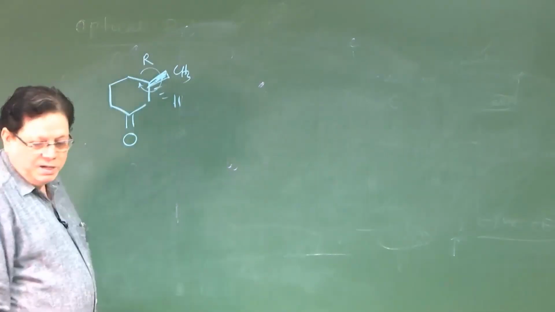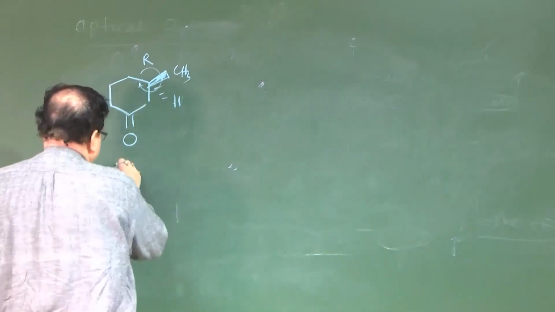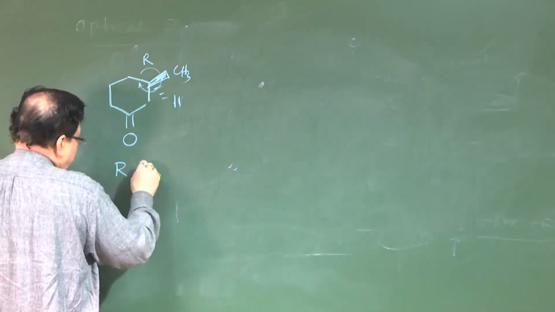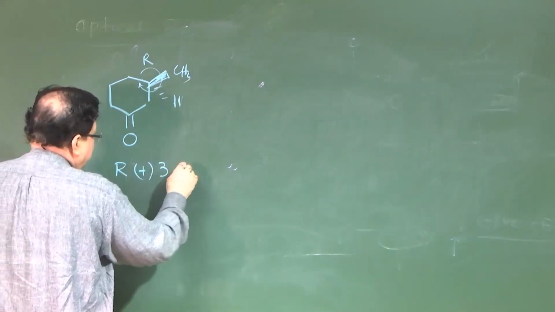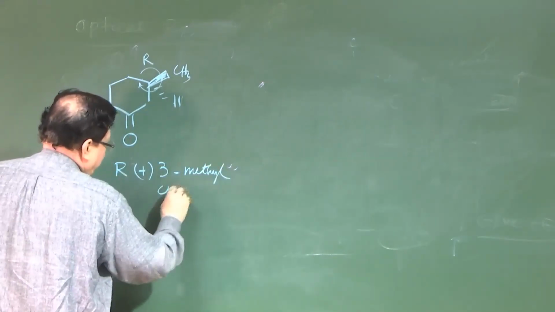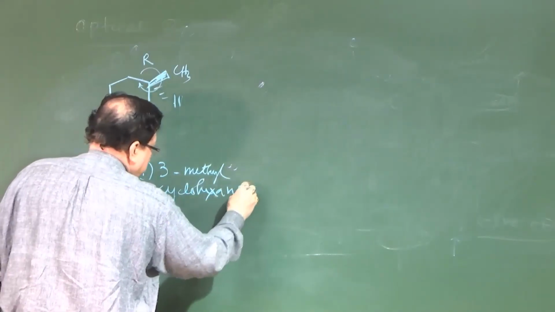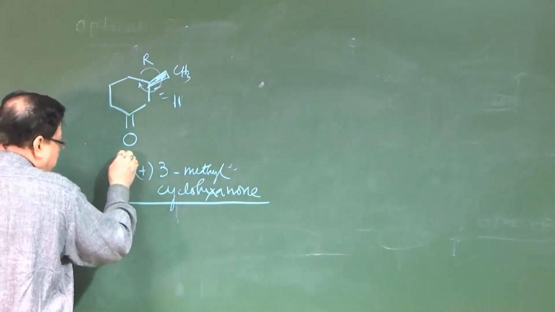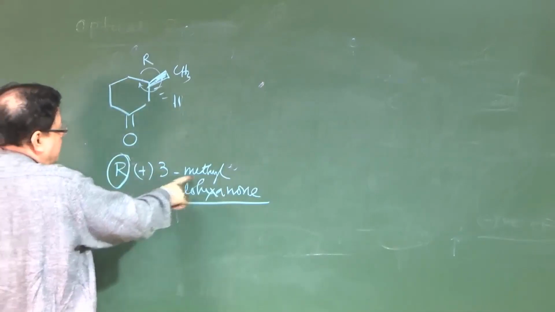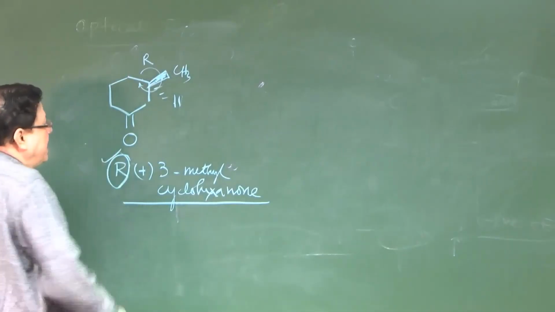What is known is that this is R-(+)-3-methylcyclohexanone. Its absolute configuration is known. The absolute configuration of (+)-3-methylcyclohexanone is R. So, that is known.